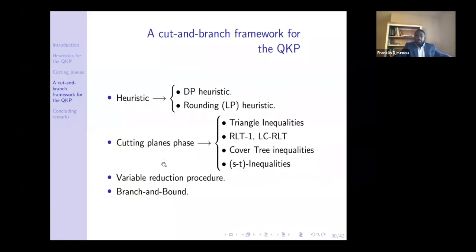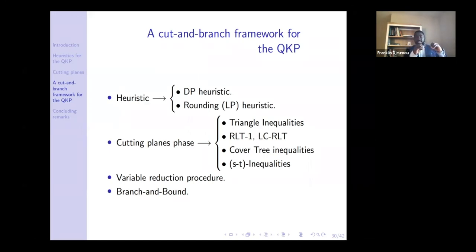Now I will move into our branch and bound framework. I will say branch and bound, because now we have a heuristic algorithm that is able to generate feasible solutions, and a cutting plane phase that is able to find a stronger upper bound. So what we do now is throw it into a branch and bound solver, okay?